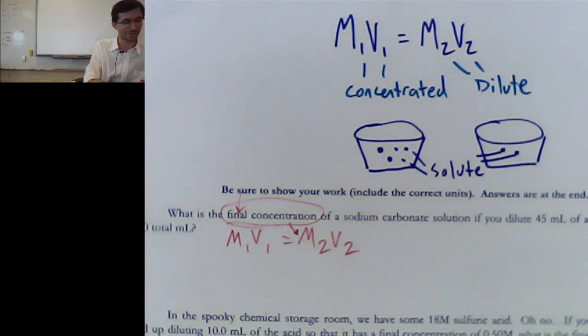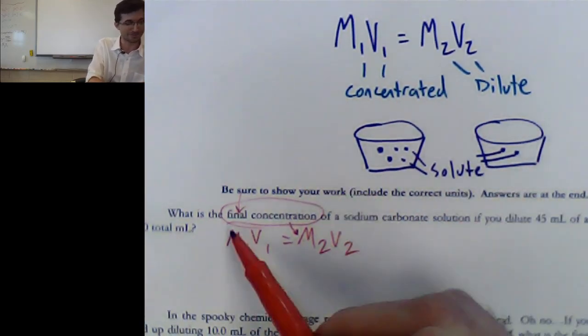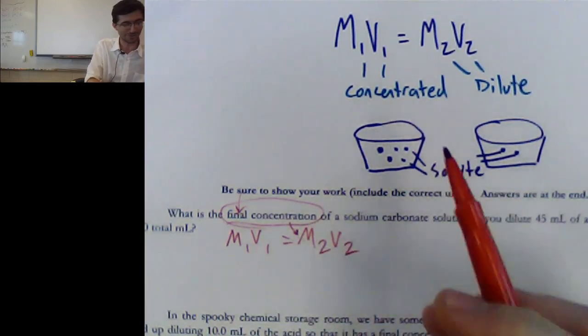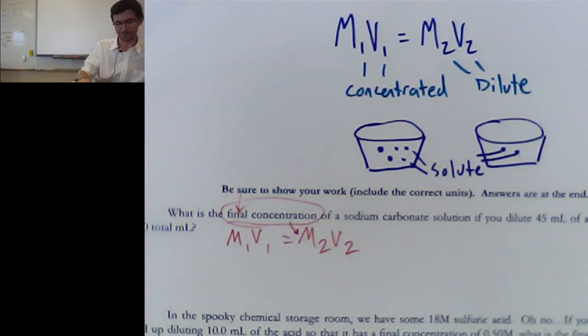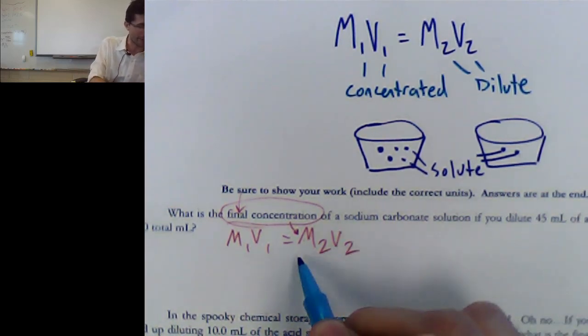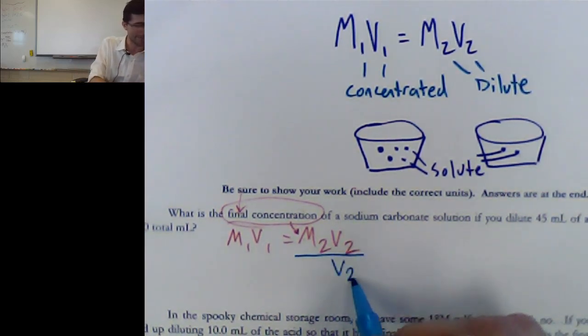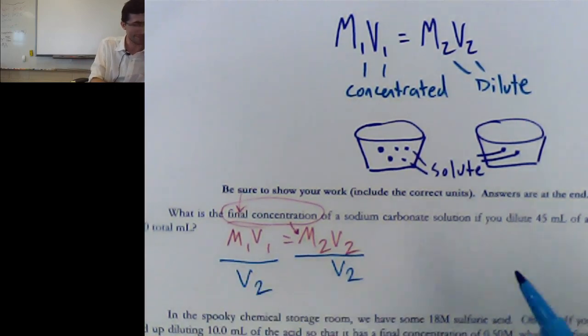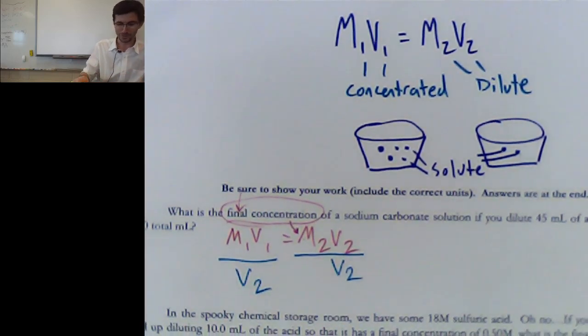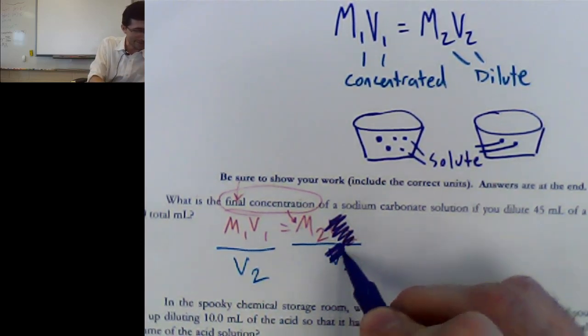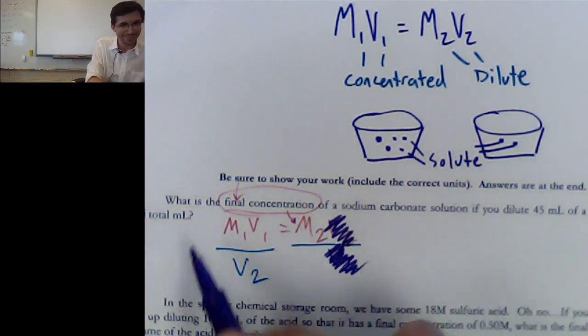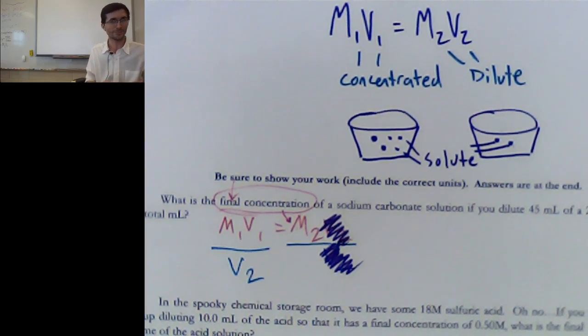It's never going to say what is the M2. No, it's final concentration. We're using our words. So if we're trying to solve for M2, we are going to divide both sides by V2. Again, as I'm writing, you are writing as well. This is our final equation.